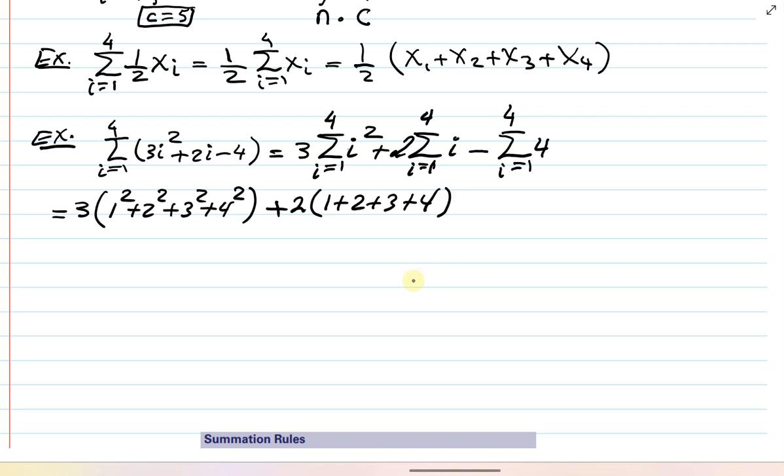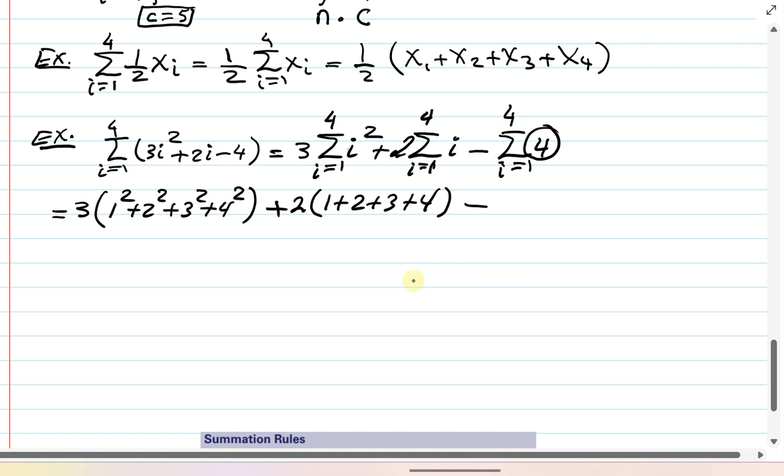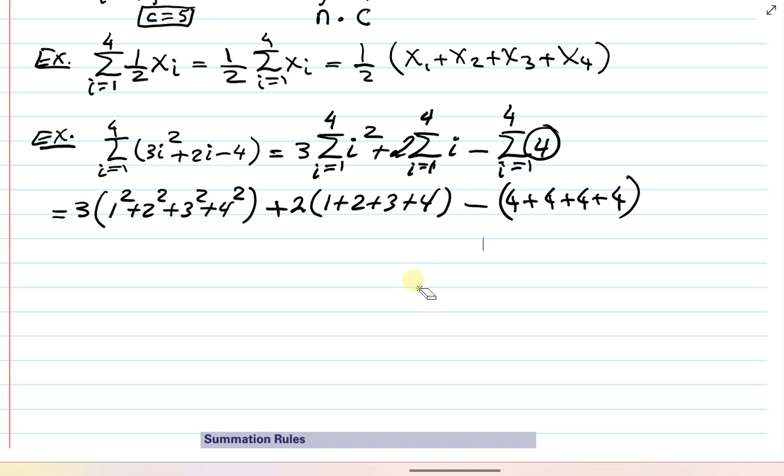And finally, the last one, negative the sum of 4. I can write that as 4 plus 4 plus 4 plus 4, 4 times, right? Then I can work the arithmetic here.